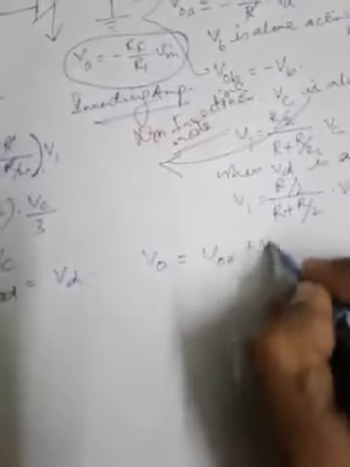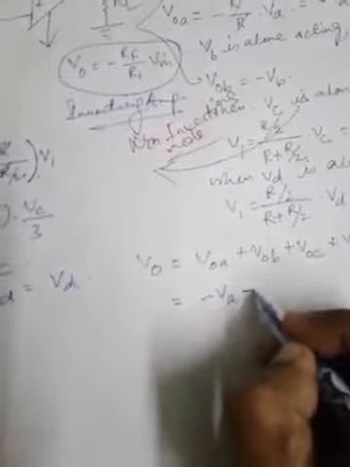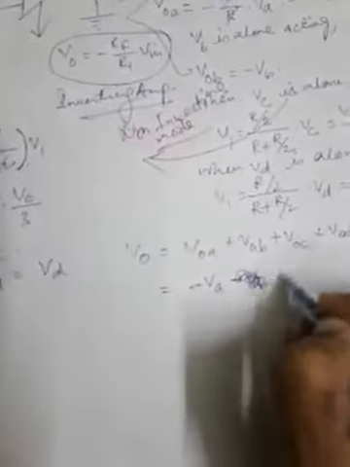So therefore, by using the superposition theorem, the overall output voltage due to all four input voltages is given by VO equal to VOA plus VOB plus VOC plus VOD. What is VOA? It is minus VA, then it is minus VB. VOC is VC and VOD is VD.